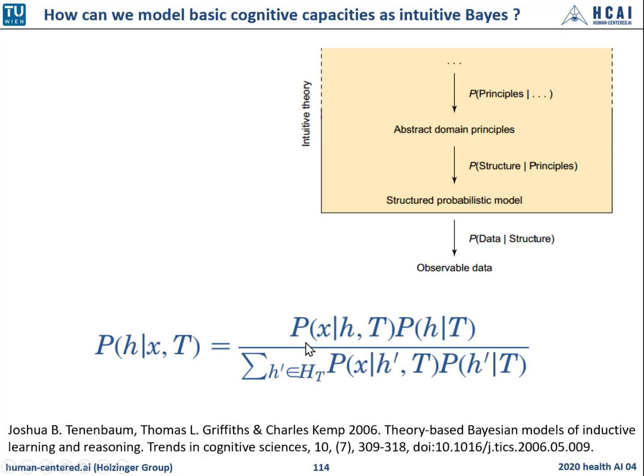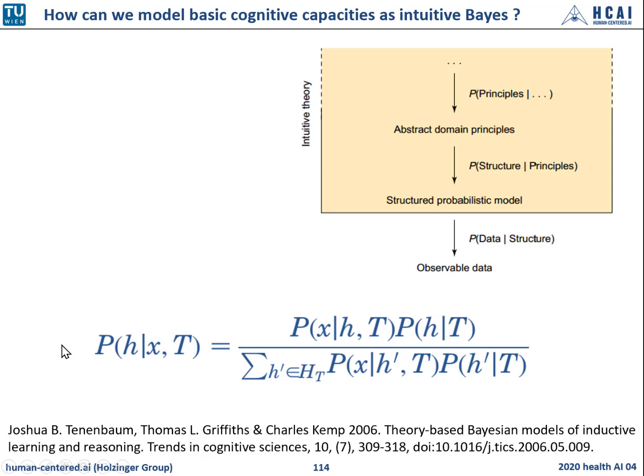So the computational challenge here is the normalization. We have to divide the above term through the evidence here. And you know, this is extremely difficult in the real world because we have a large hypothesis space, can be very, very many hypotheses, and the probability distribution thereof can be large.